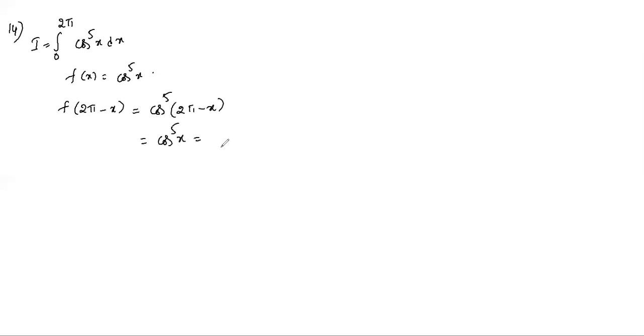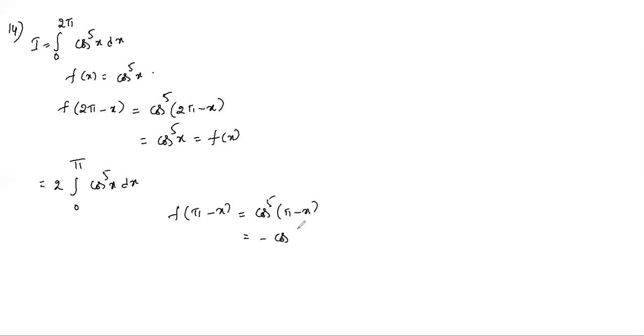So we are getting the same function. So you can write 2 outside, 0 to pi cos power 5x dx. Same, you take f of pi minus x, cos power 5 of pi minus x. Cos of 180 minus x is in the second quadrant, negative, and the power is odd, so minus cos power 5x, so minus f of x. So this time f of 2a minus x is minus f of x, so then we get the answer 0. So 2 into 0 is 0 only.